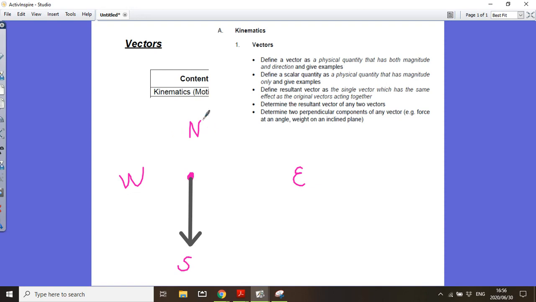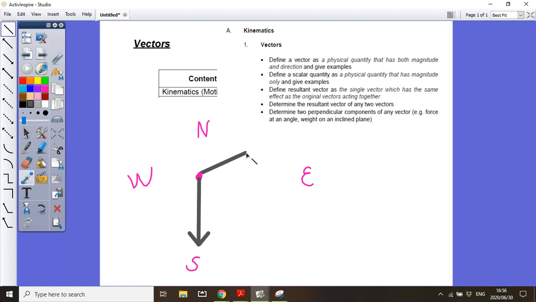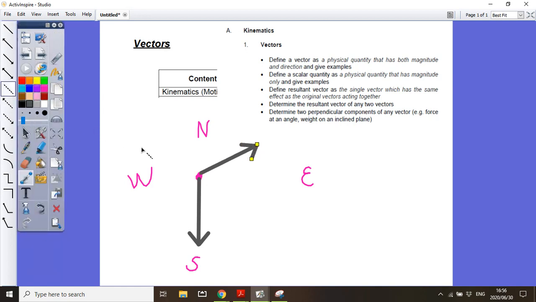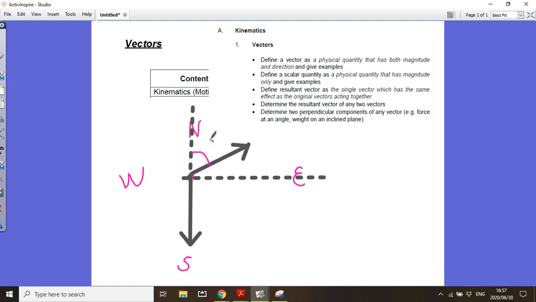Now, the first thing with north, east, south, and west, you cannot just say northeast. So when you have a vector that's going in this direction, for instance, you cannot say northeast because we don't know what the exact angle is. So when you state the direction of a vector, you need to state it in relation to the angle, always. So if this is our angle theta there, then you have to say that your vector, now think about it, it's moving towards the east from the north.